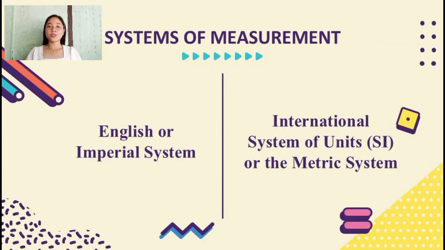Very good. There are two commonly used systems of measurement. The first one is the English or imperial system. And the second one is the international system of units, or the metric system. The English system is the traditional system used by Great Britain and other Western countries.